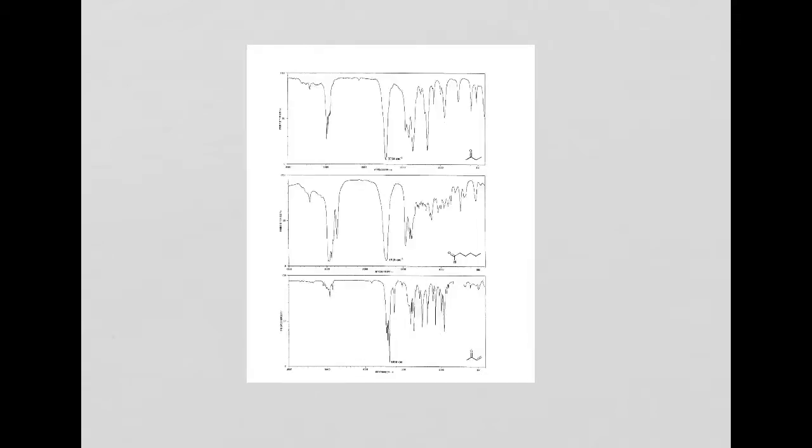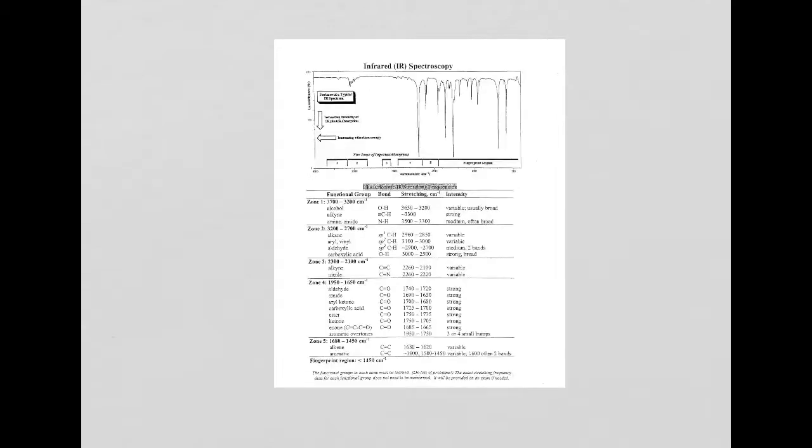Okay. So as you're looking at these IR spectra, one thing I want you to pay attention to is that as you come down here, it is increasing the intensity of the IR absorption. And here are my wave numbers.